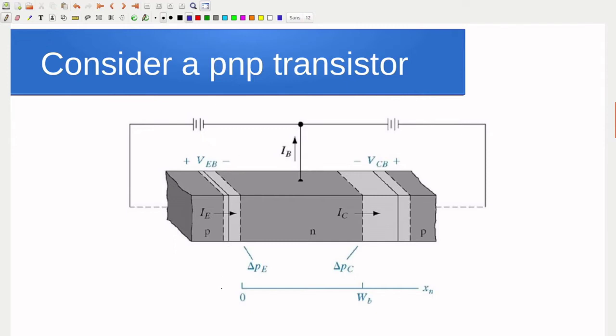And also you have to give attention to the concentration versus distance. The 0th position is at the edge of the emitter base junction, and the holes from the emitter move from emitter to the collector, and the distance traveled is xn, where xn is at the edge of the collector base junction.